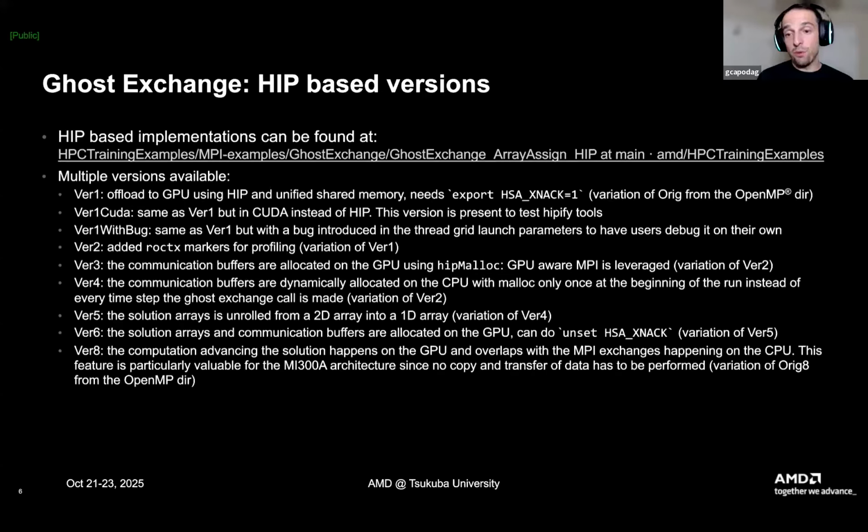And therefore, GPU-aware MPI is leveraged, as we have briefly mentioned yesterday. And version 8 for this case is a case where we are overlapping GPU computing with MPI exchanges on the CPU. That's basically the case where we have ported version 8 to the GPU using HIP.